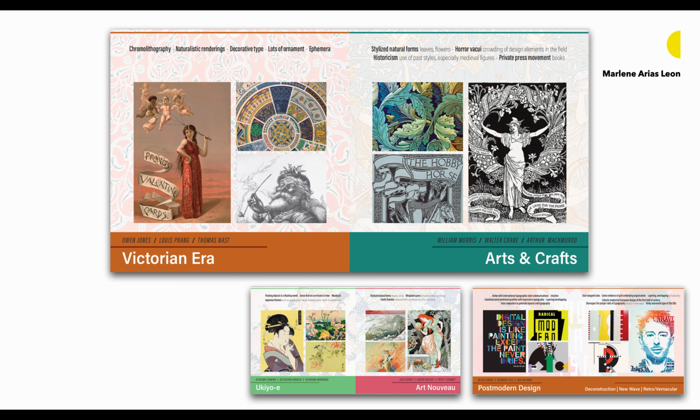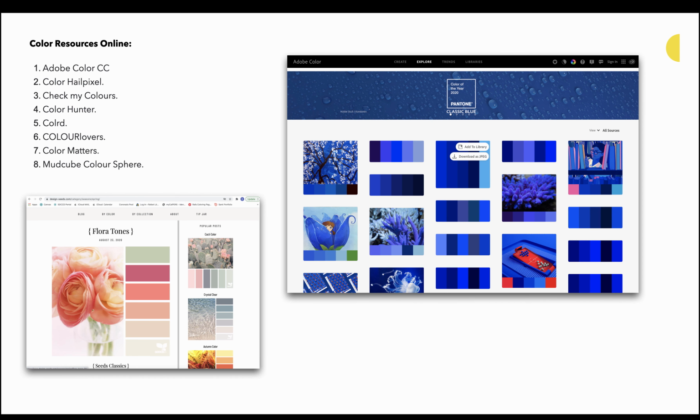Her colors change, and I think her color palettes are absolutely fantastic. There are many great resources online to help you select and work with color. And I've listed just a few here. So if you're looking to develop some palettes that you could use in your journal, check it out.